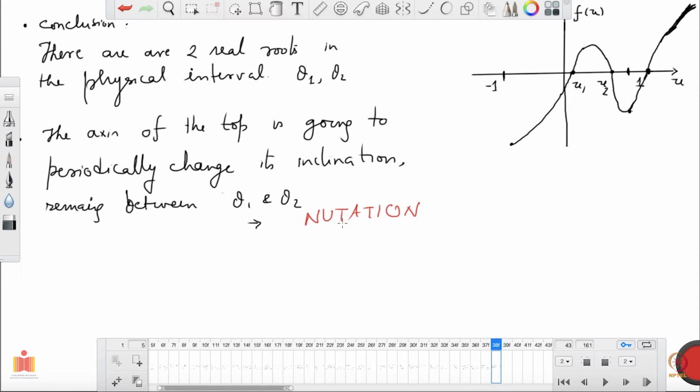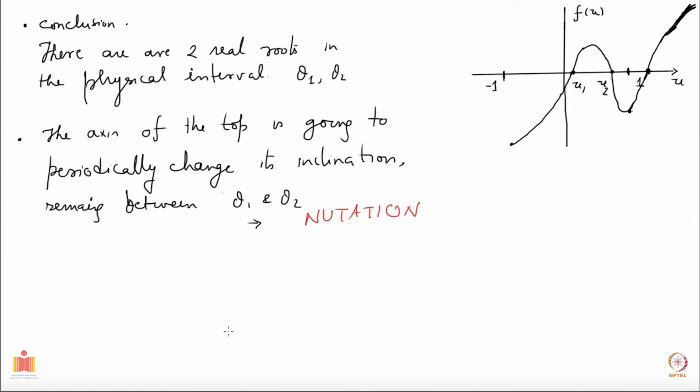Now we are interested in the azimuthal motion of the top. I'm just interested in how its axis is moving. And as you already know, you have encountered this before, this is called precession.